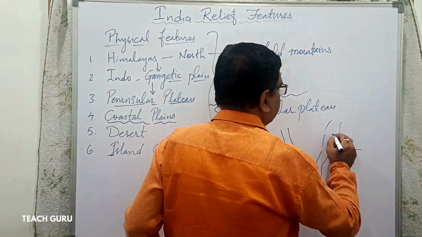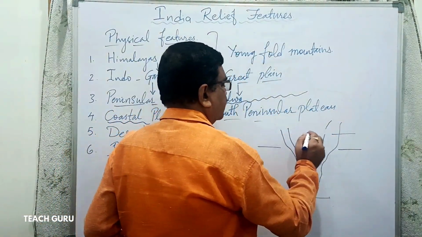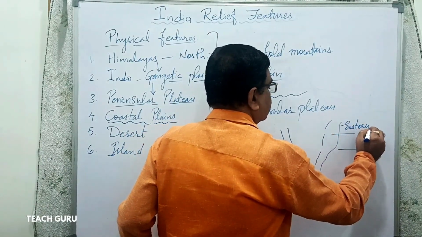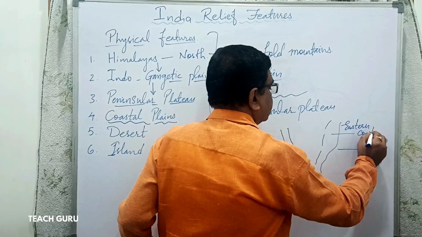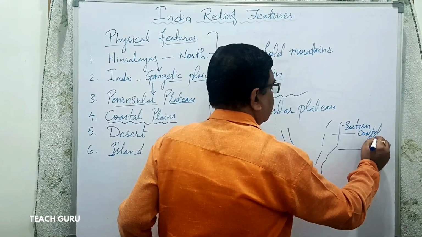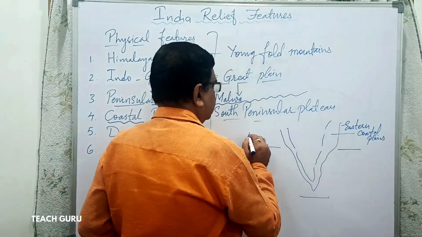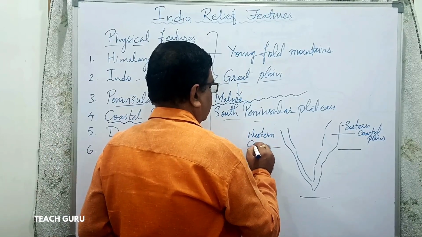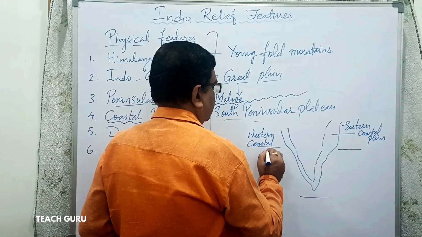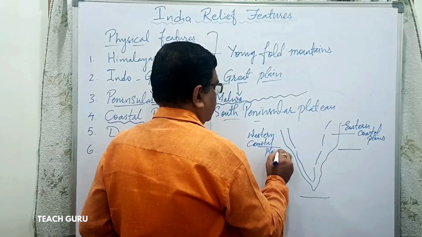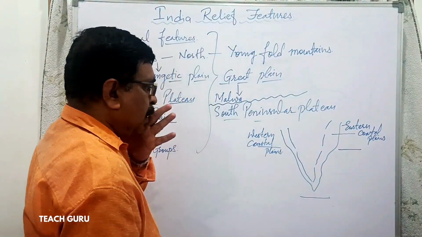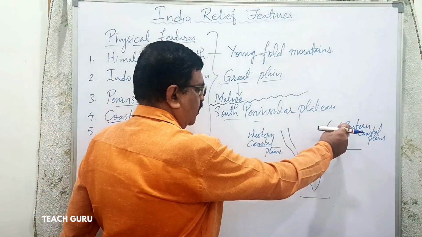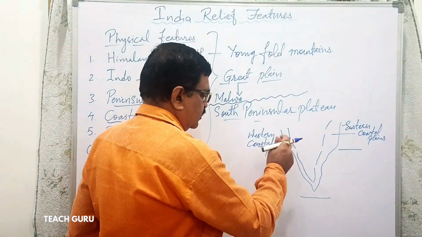We are having two types of coastal plains. One is eastern coastal plain and second one is western coastal plain. Now see here, you can see easily, I have drawn the rough diagram of eastern coastal plain and the western coastal plain.